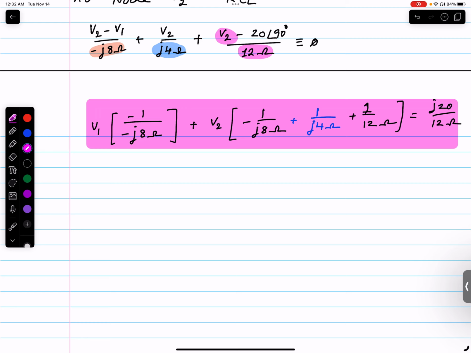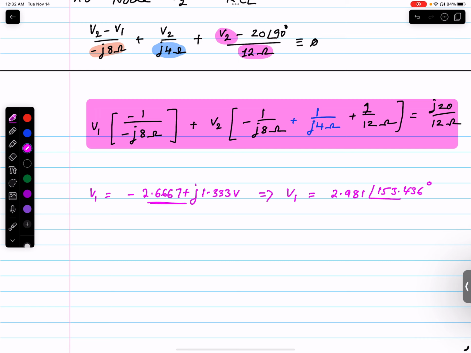You're going to see an equation that says V1 equals, if you throw it in MATLAB, something like 2.6667 plus J1.333 volts. That implies V1 is 2.981 angle 153.436 degrees.